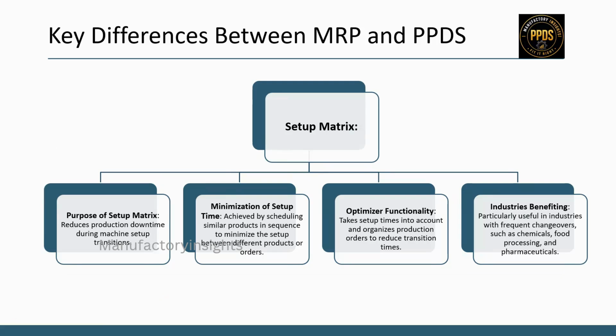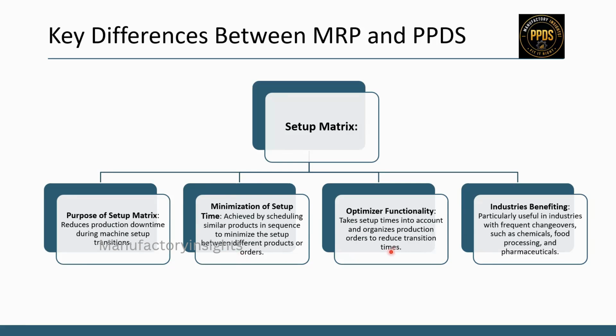The first one we will see is the setup matrix. The setup matrix in SAP PPDS helps reduce production downtime when switching between products or orders that require different machine settings. The primary goal is to minimize setup time by scheduling similar products in sequence.